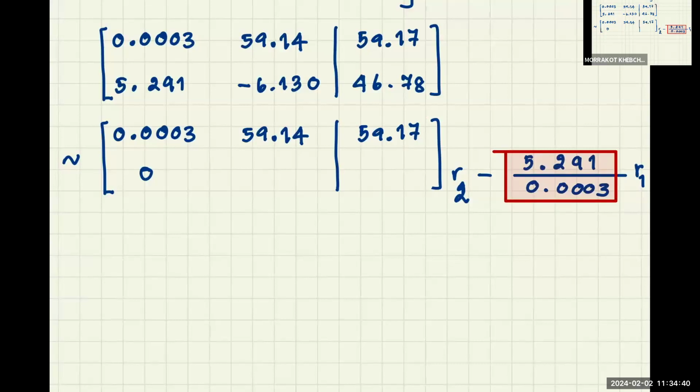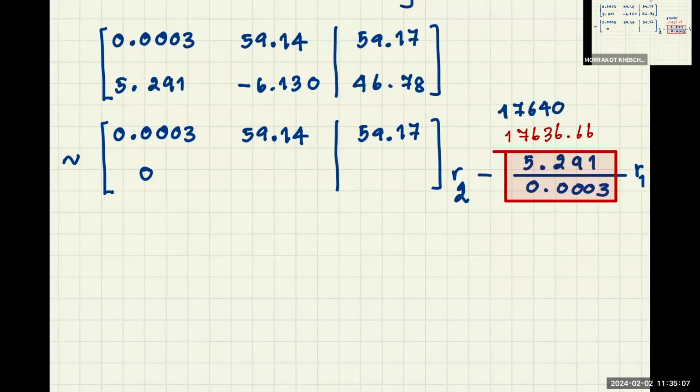The whole digit is 17636.66. Okay? And if I say I will use rounded to 4 digit only, so my value is going to be 17640. I round this up to 40.